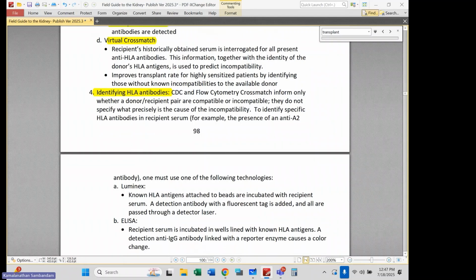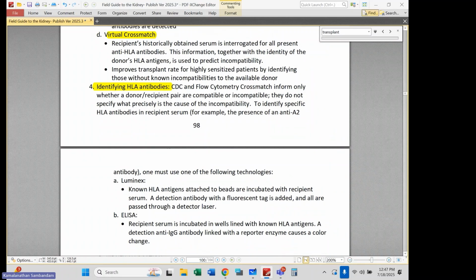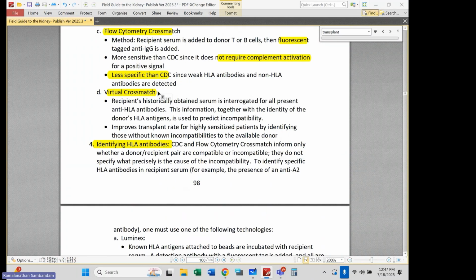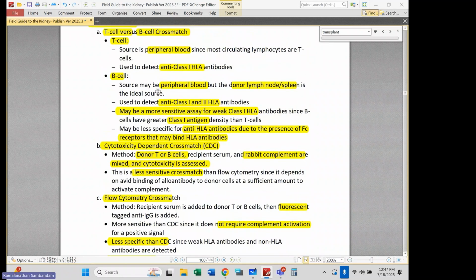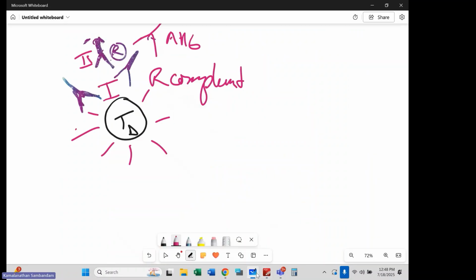In order to do the virtual cross-match, we need to detect specific antibodies that are circulating. Notice that these flow cross-matches do not tell you the specific identity. When you have a positive T cell crossmatch or a positive B cell crossmatch, you don't know specifically what the incompatibility is.